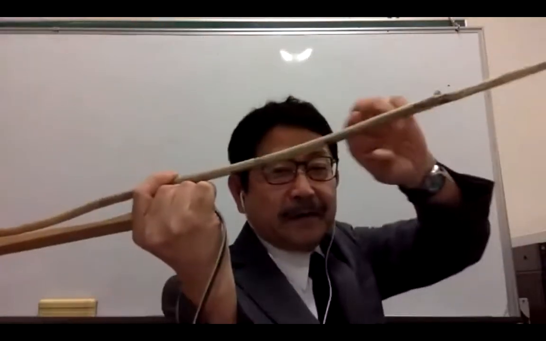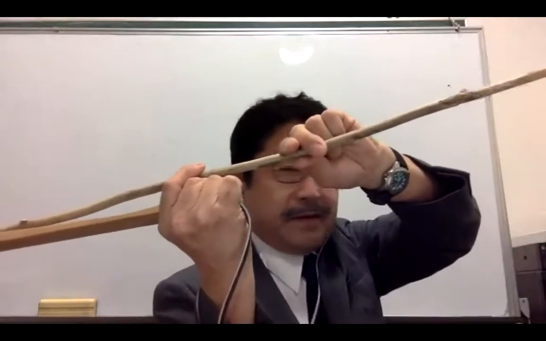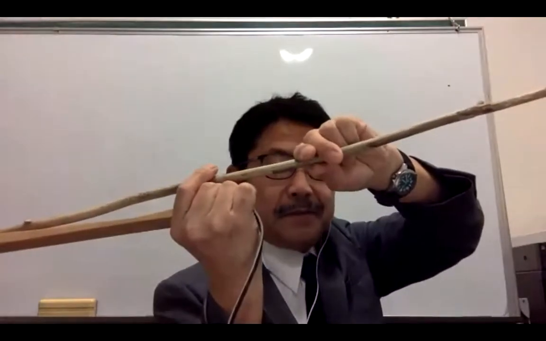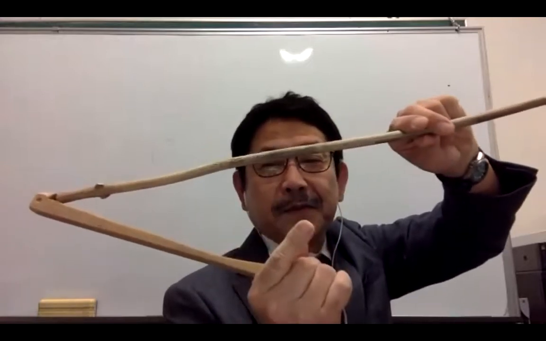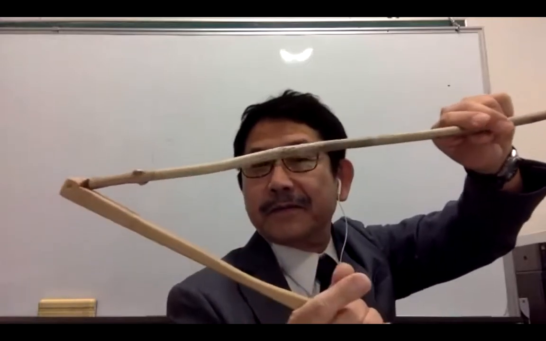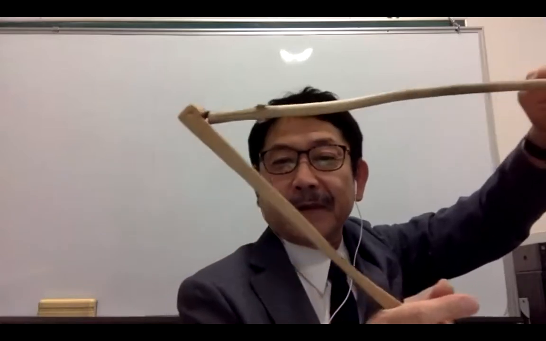Then you throw it. You throw it with all your might, but when you throw it, you release the spear, and push the butt of the spear with the end of this stick, like this. Push it forward.